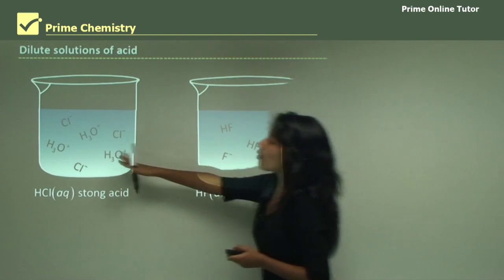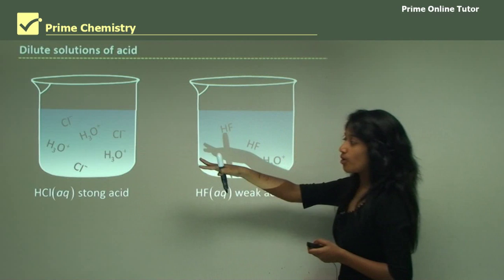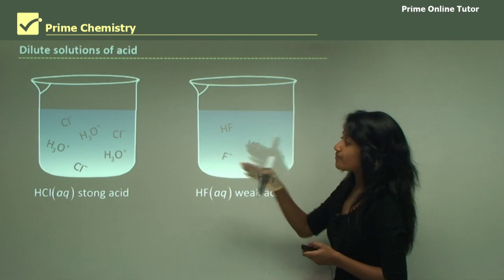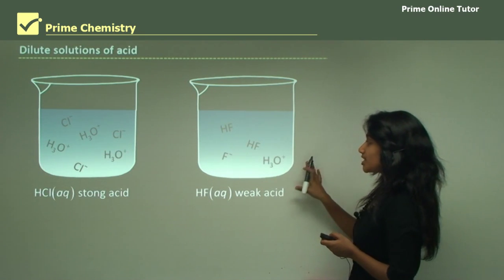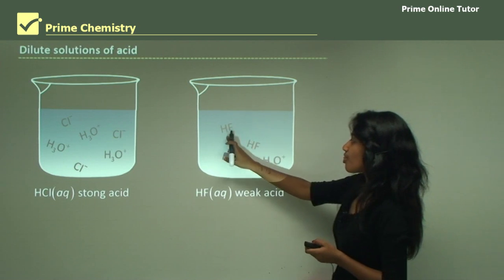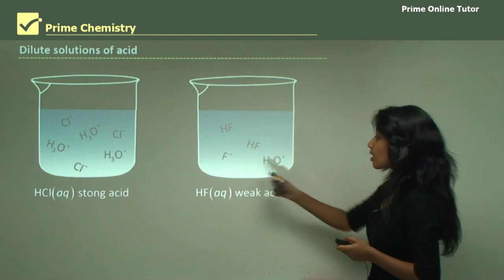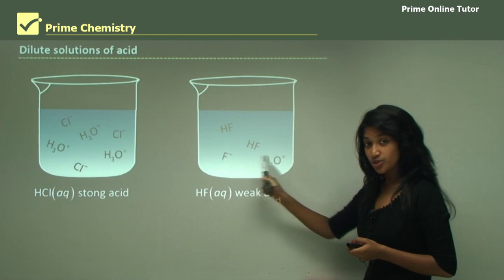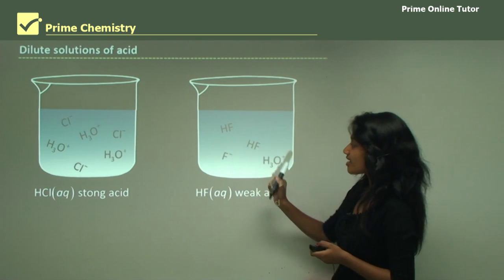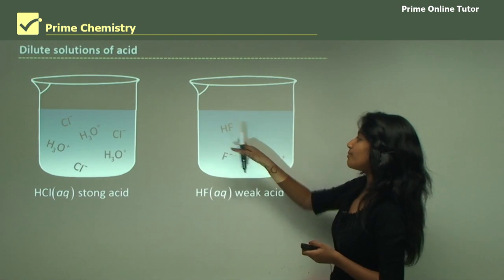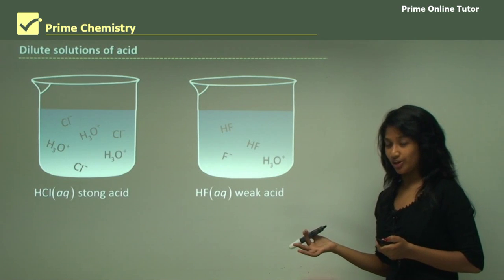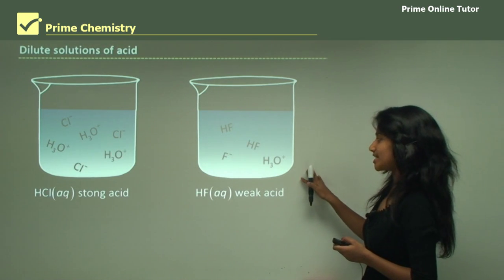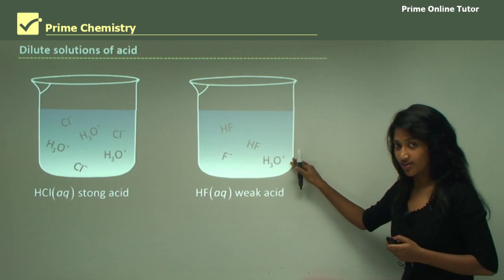All 3 of them have dissociated to form 3 hydronium ions and 3 chloride ions, while in this case here we have 3 HF molecules. 1 of them has dissociated to form a hydronium ion and a fluoride anion, while 2 of them still remain as acid molecules. So this is a weak acid, only partial ionization has occurred.